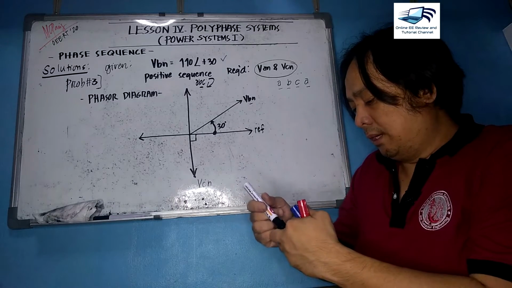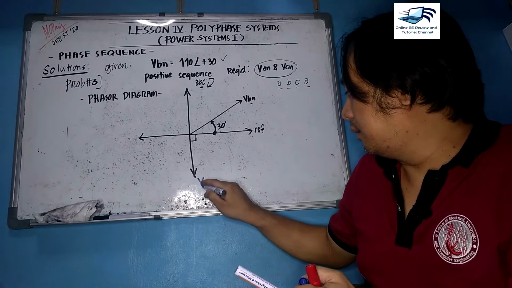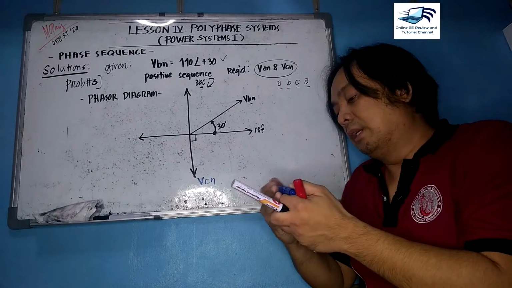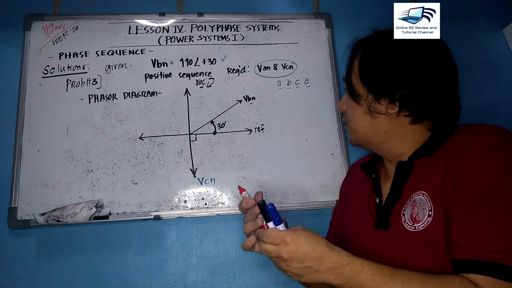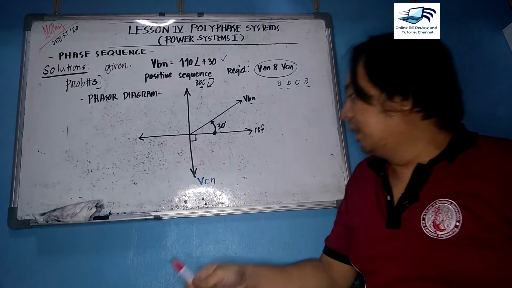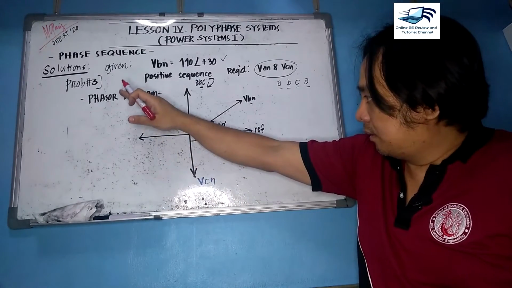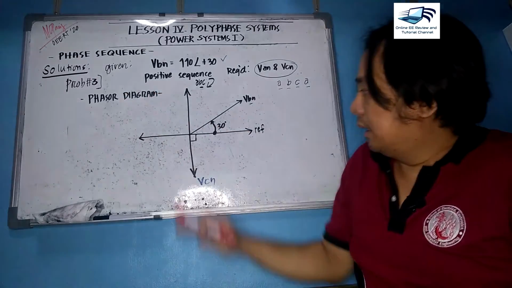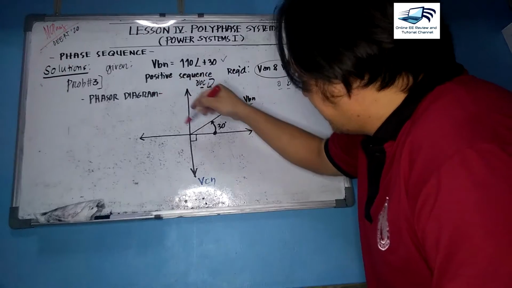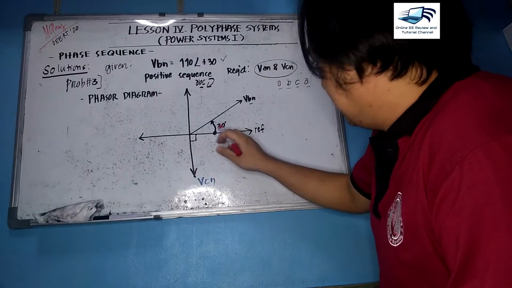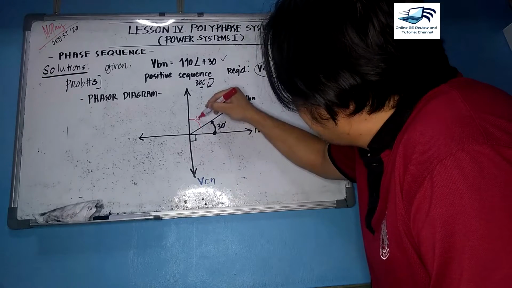Okay, so I will have this in a blue marker so that you can see that this is a different vector. And then the next letter is A. So it must be 120 degrees from C and B. So you can locate the vector A at this quadrant here. Okay, so let us have this at the second quadrant. So you have here, it's definitely 60.